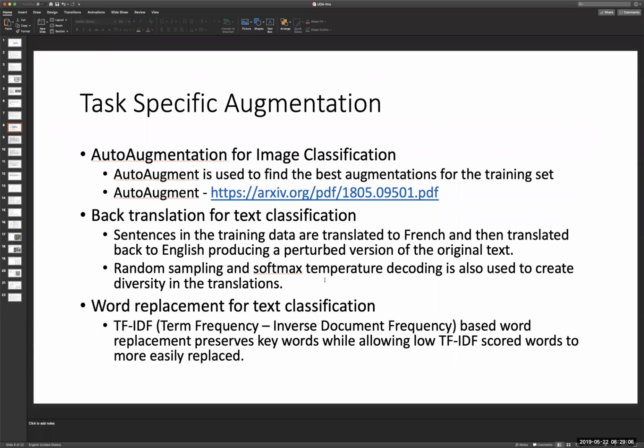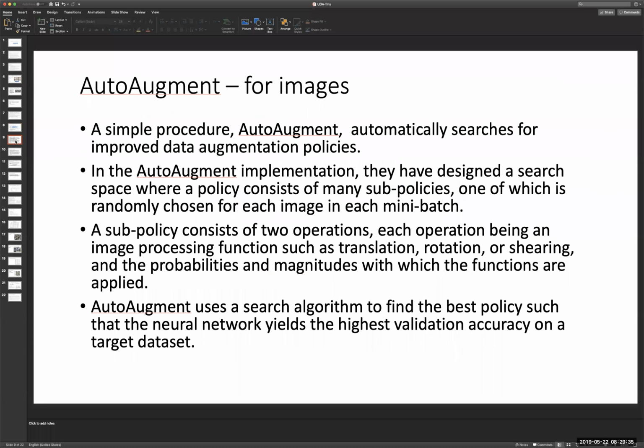By using these term frequency, inverse document frequency statistics of words, the keywords can be preserved, but the low TF-IDF scored words would be replaced more readily. So we get some augmentation of text, but preserving the semantic value of it.